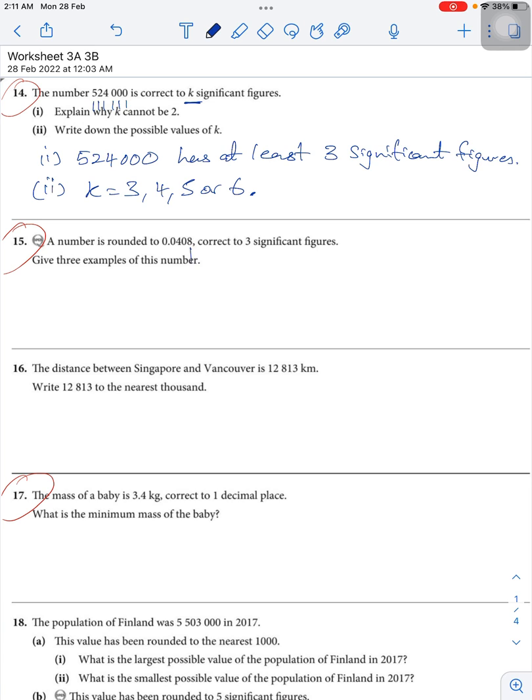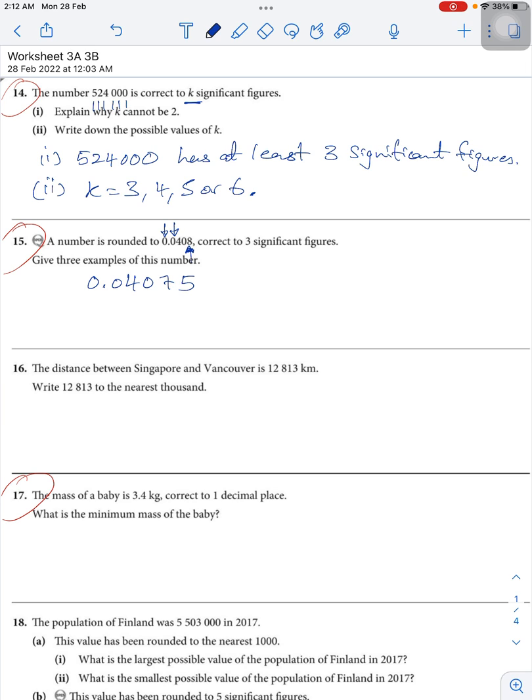This is the third significant number, because over here the zeros are considered non-significant figures. So what are the numbers that can be corrected to 3 significant figures? You can have 0.04075. That could be the minimum as far as I know. And you can go all the way.